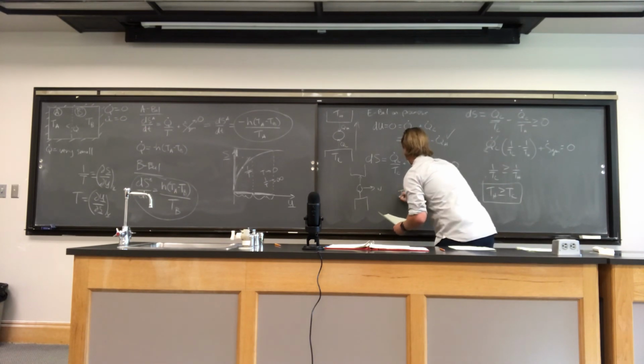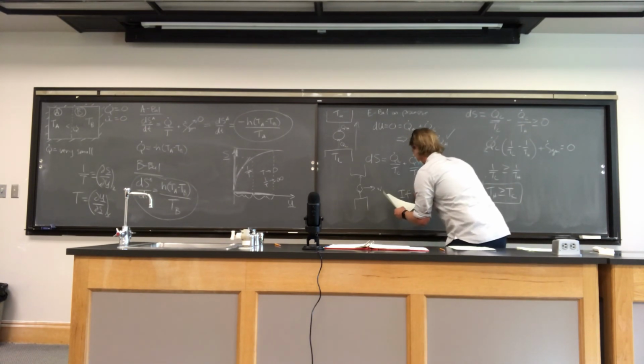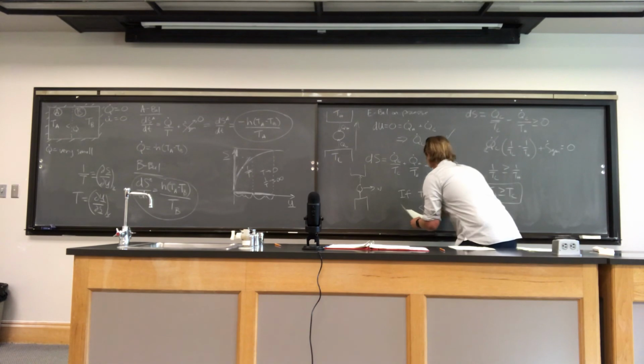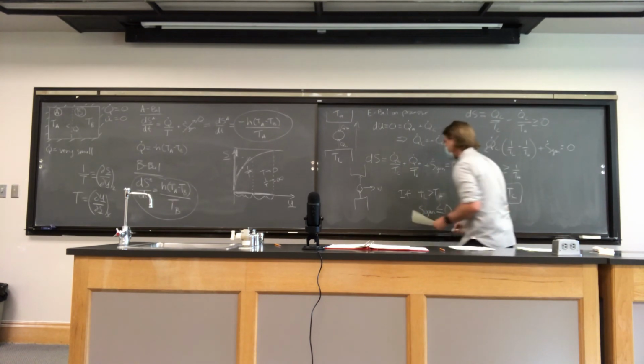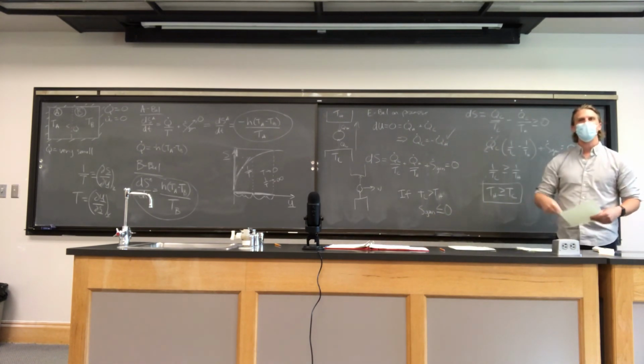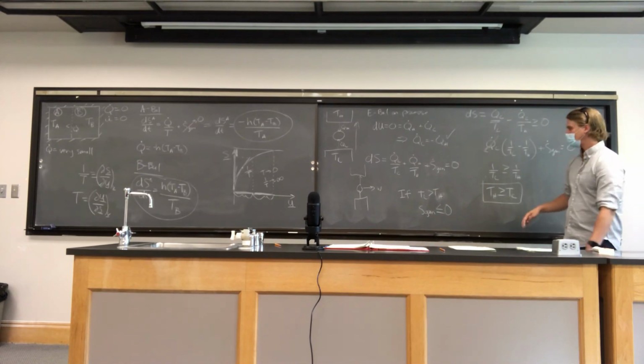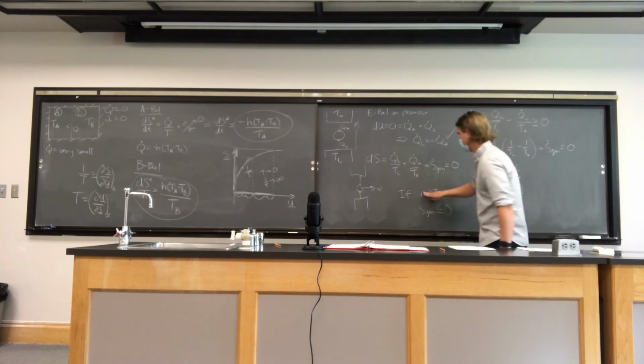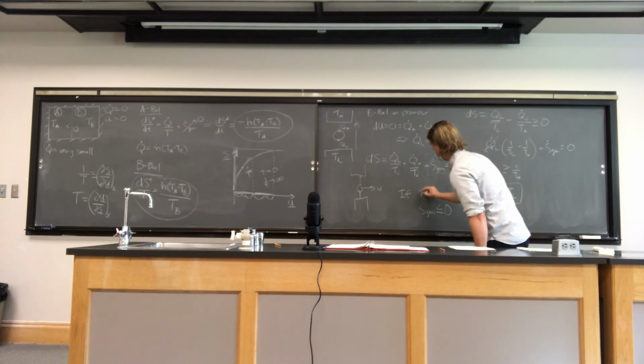The end result will be that if TC is greater than TH, the rate of entropy generation will be less than or equal to 0. I don't have the algebraic steps to get there, but that's something I can certainly put together, or I can make a homework assignment on.